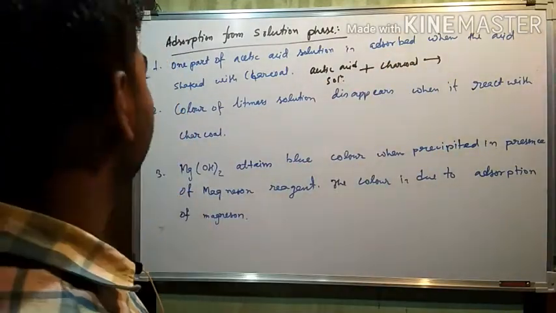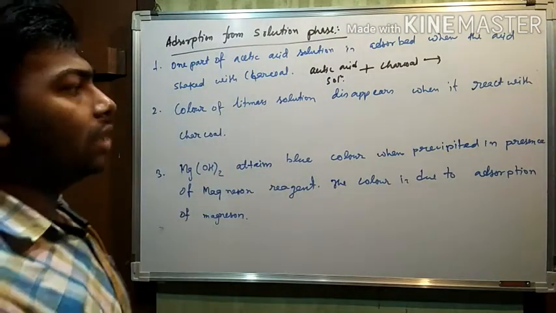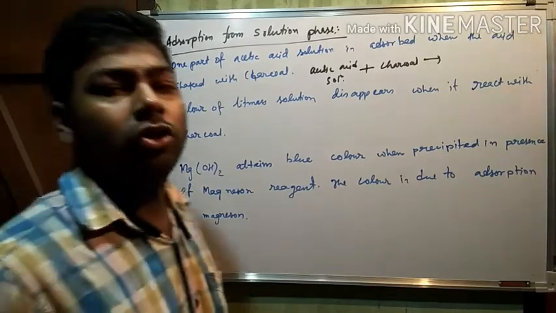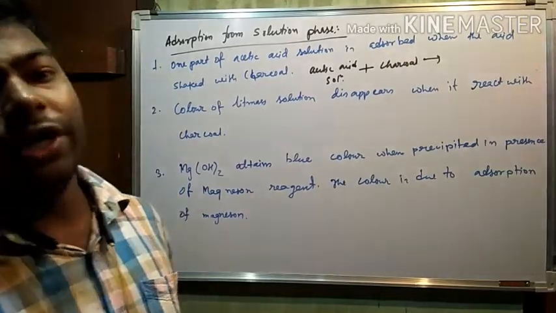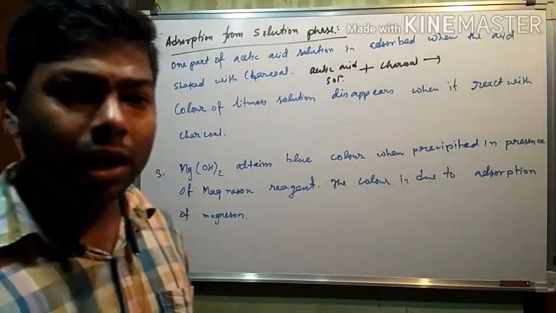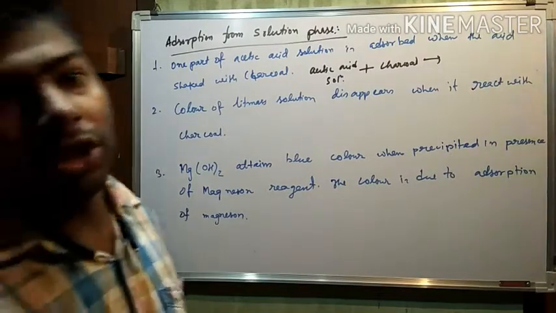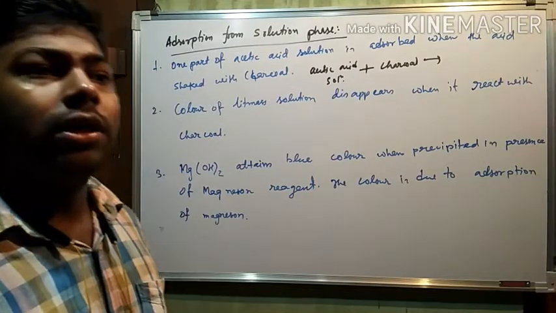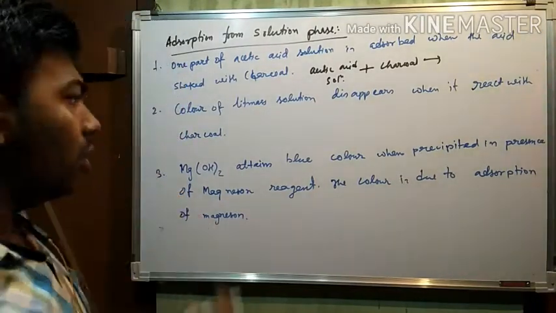Now, next example. The color of the litmus solution disappears when it reacts with charcoal. As you know, the color of the litmus solution is a little bit dark purple. When we add charcoal to the litmus solution, the color disappears, it becomes colorless. That means the litmus is adsorbing on the charcoal.